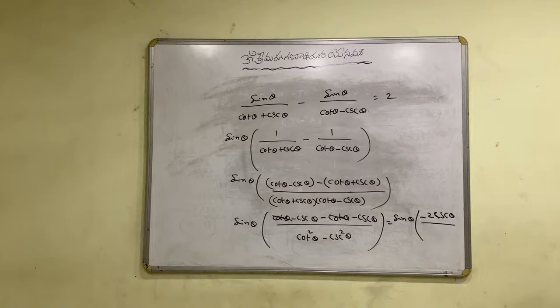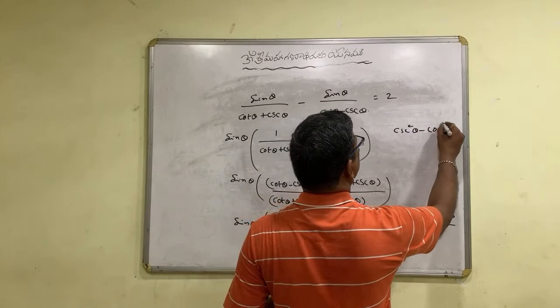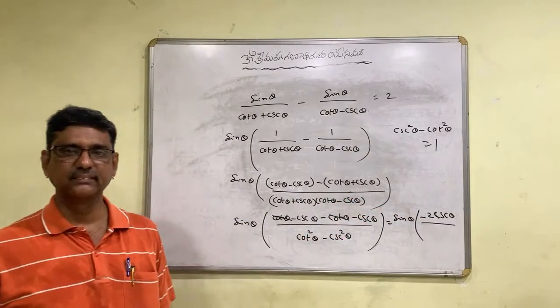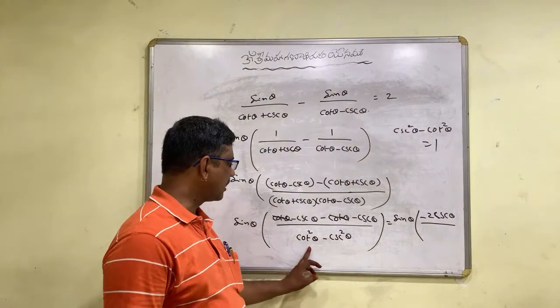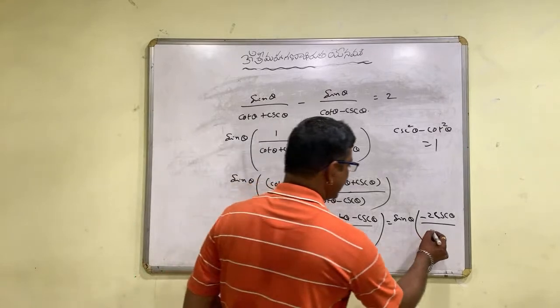It is not 1, children. We have an identity that cosecant square theta minus cot square theta is 1. But here it is reverse, cot square theta minus cosecant square theta. What will be the answer? It is minus 1.